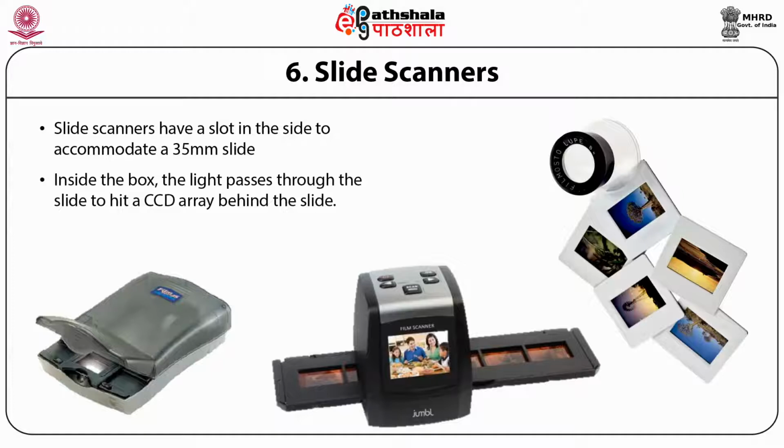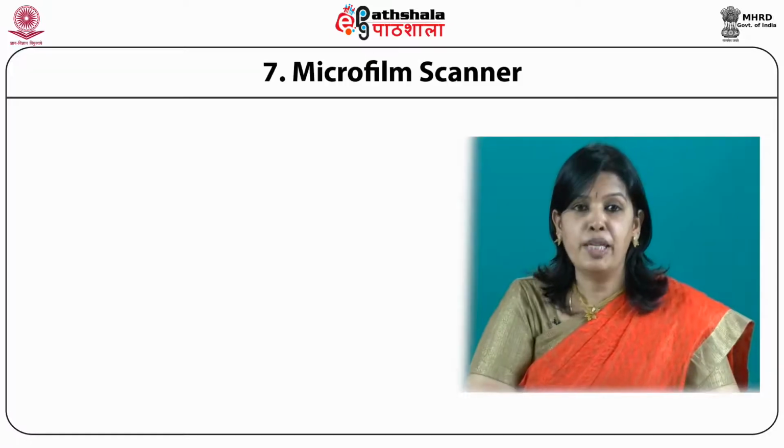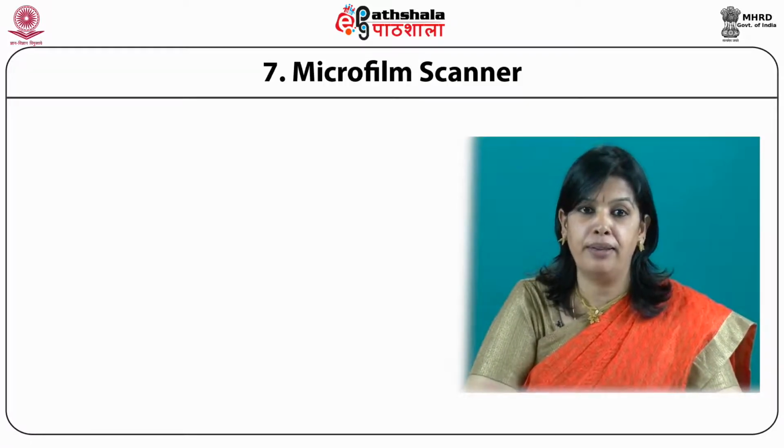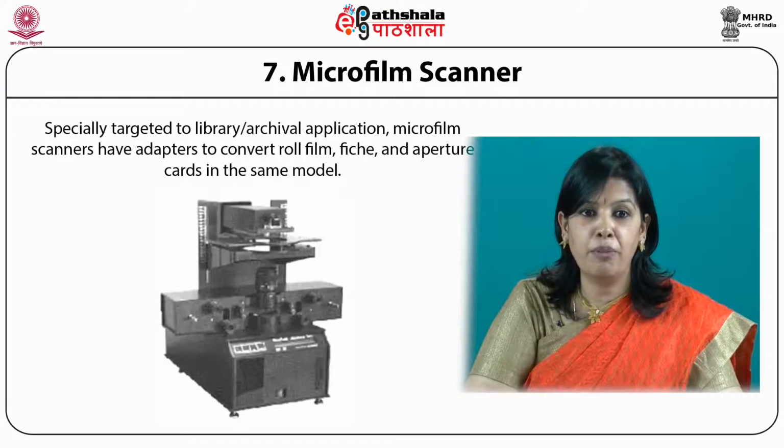Inside the box, the light passes through the slide to hit a CCD array behind the slide. Slide scanners can generally scan only 35 mm transparent source materials. The seventh one is the microfilm scanner. Microfilm scanners are specially targeted at library or archival applications.